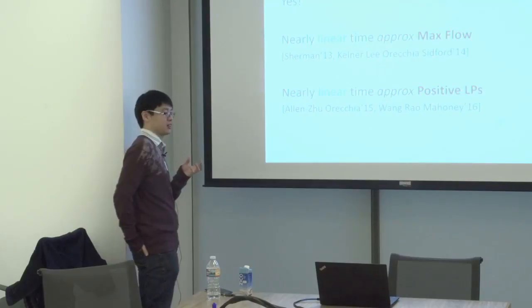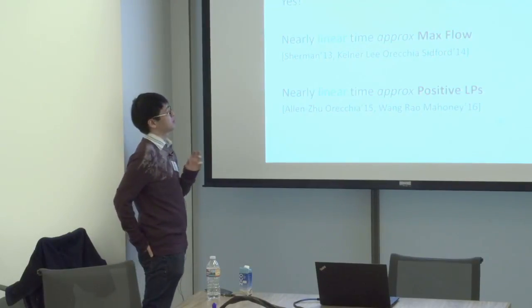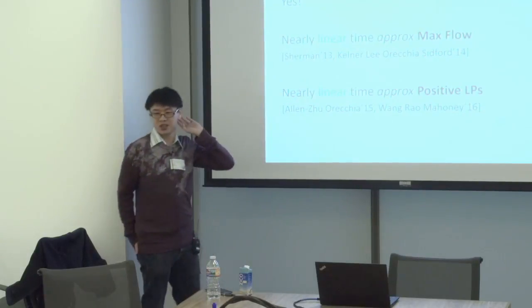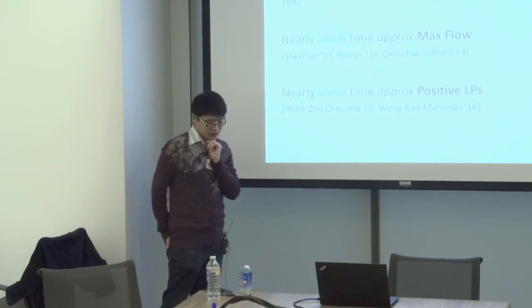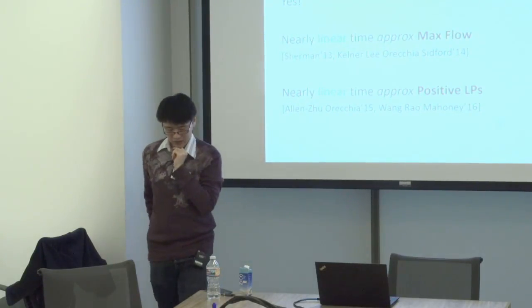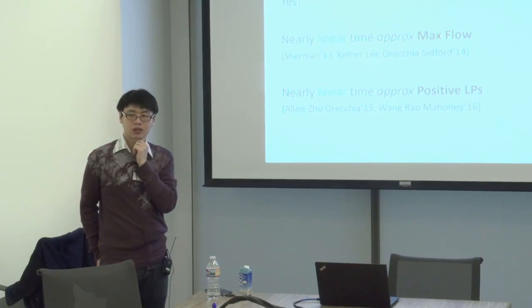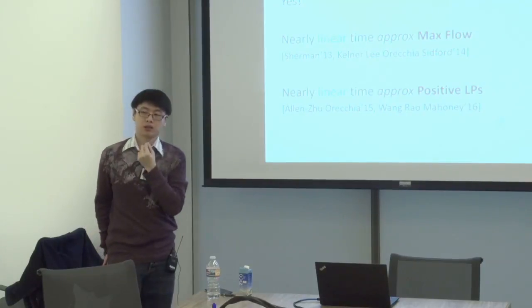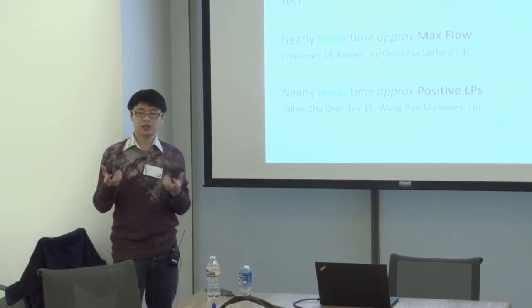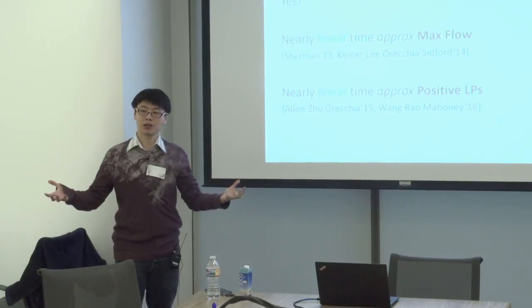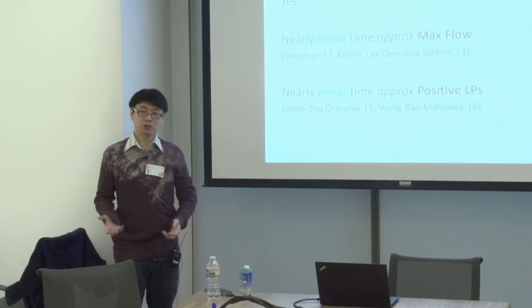So a few years ago, a bunch of people from MIT and this guy from Berkeley, Sherman, got an almost linear time algorithm for solving max flow, but at the expense of approximation. So it's not exactly the max flow problem you see in your algorithms 101, but an approximate version of it.